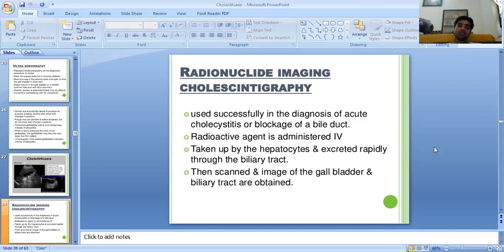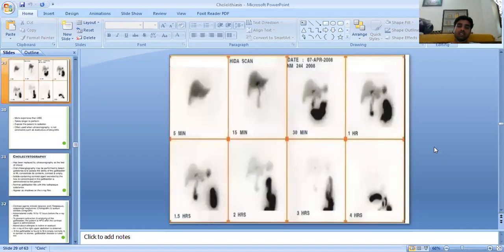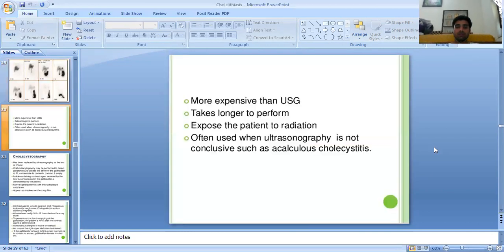Then it is scanned and an image of the gallbladder and biliary tract is obtained. This is the HIDA scan of the gallbladder. It is more expensive than USG, takes longer to perform, and exposes the patient to radiation. It is often used when ultrasonography is not conclusive, such as in acalculous cholecystitis.